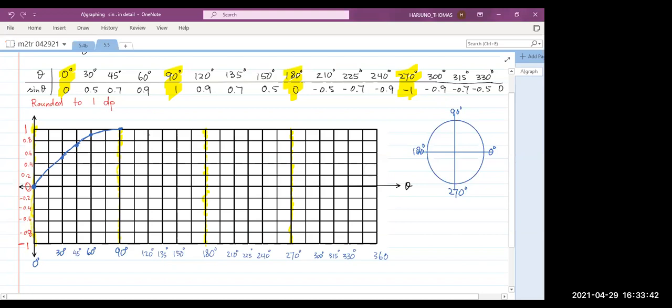Sine 120 degrees is 0.9, and then 0.7, and then 0.5, and then 0. And then connect that.